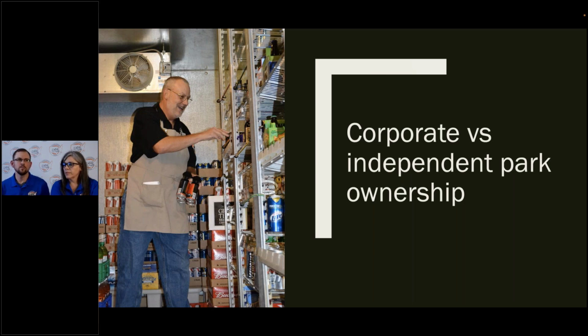Those bigger corporate entities will have more regulations and rules that they follow between all the different campgrounds. They may have uniforms that are specific to them. They may have different billing practices, or maybe other benefits that aren't available at a smaller independent park.